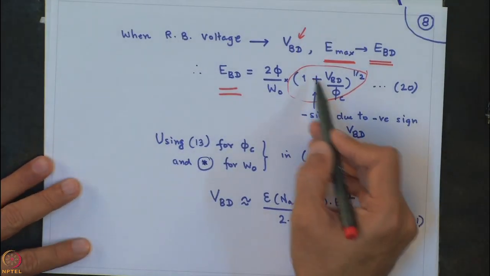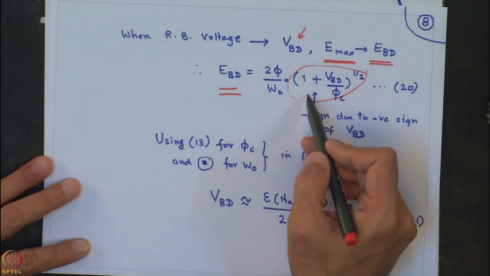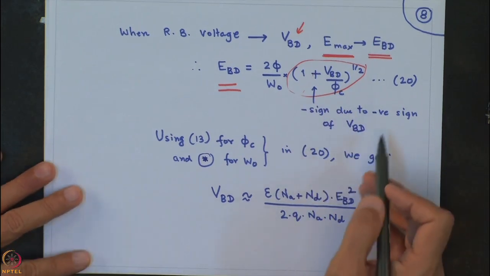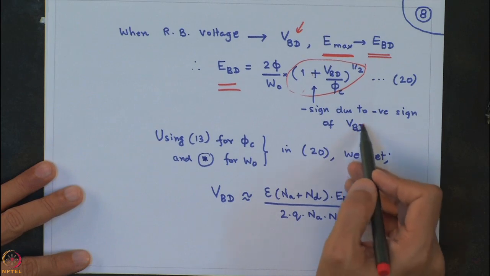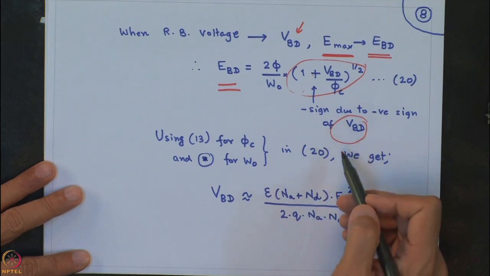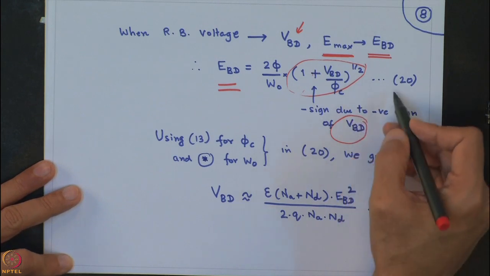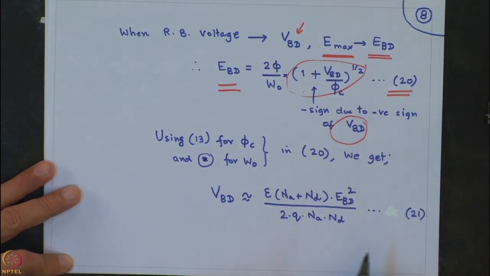You can see that there is a negative sign here which was there in equation 19, but that has been accommodated because there is a negative sign associated with VBD also, because there is a negative voltage which we are applying. Now let us call this breakdown electric field equation, equation 20.